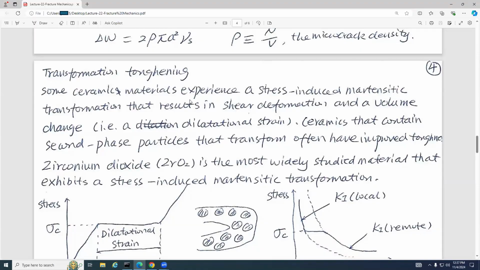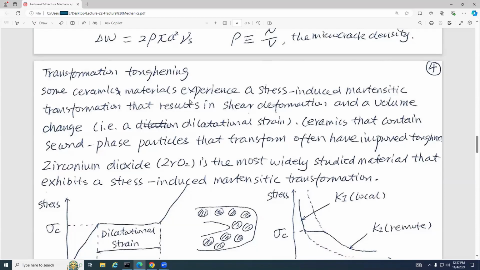As a result, this will be very hard. Martensite, I'm sorry, martensite is always brittle.